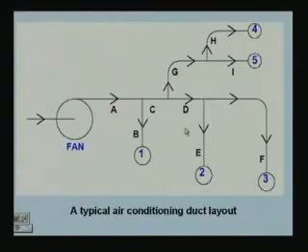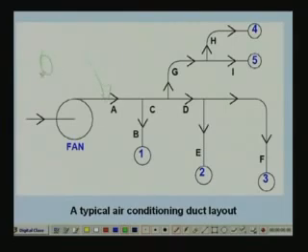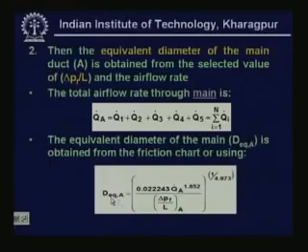If you look at the figure, this is the airflow rate Q dot A through this main duct run A. You can see from the mass balance or volume balance that Q dot A is nothing but Q dot 1 plus Q dot 2 plus Q dot 3 plus Q dot 4 plus Q dot 5. So, this is equal to the summation of the different Qi's, which is known to us.